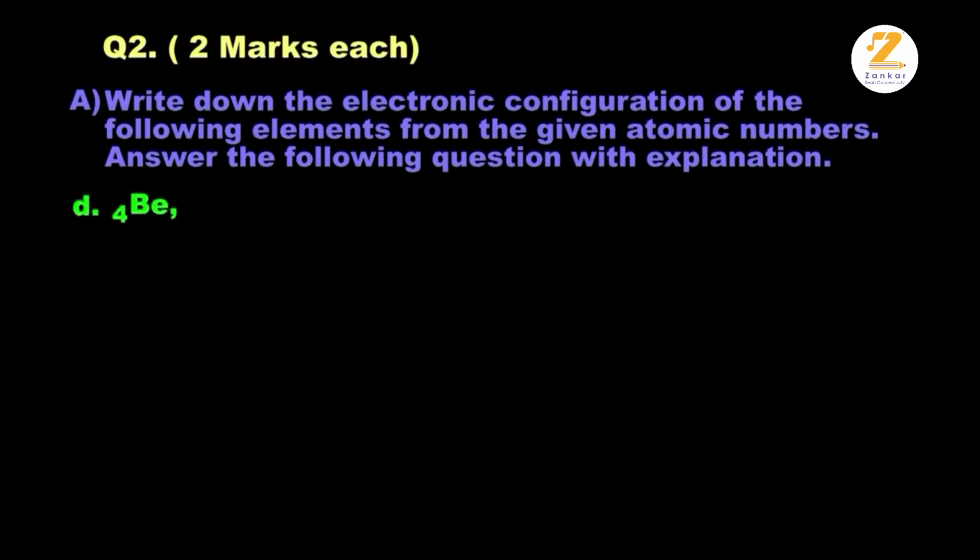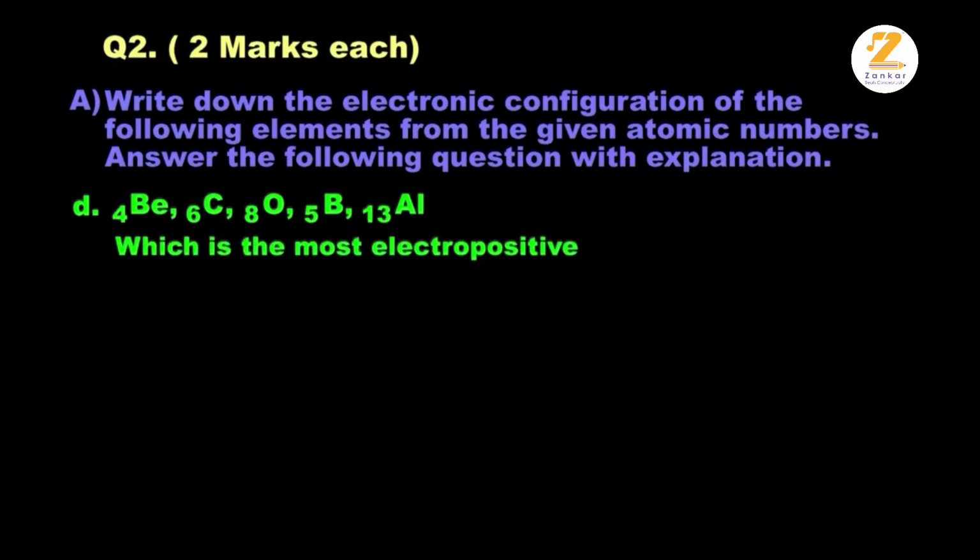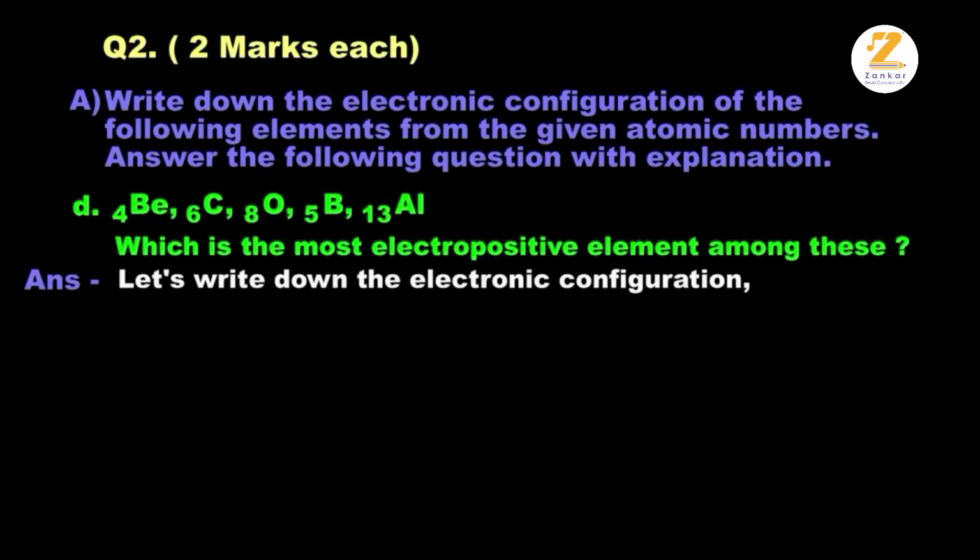Next is beryllium 4, carbon 6, oxygen 8, boron 5, aluminium 13. Which is the most electropositive element among these? Let's write down the electronic configuration.